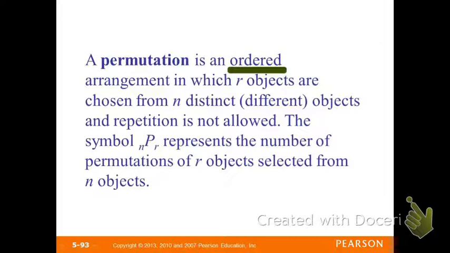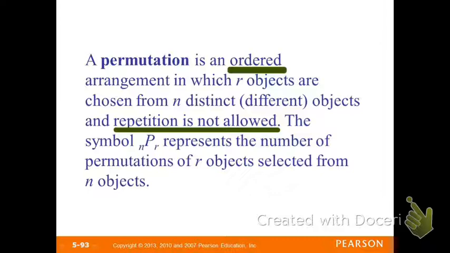So a permutation is an ordered arrangement in which R objects are taken from N distinct, different objects, and repetition is not allowed. That's also another important fact. Repetition is not allowed. The symbol NPR represents the number of permutations of R objects selected from N objects.